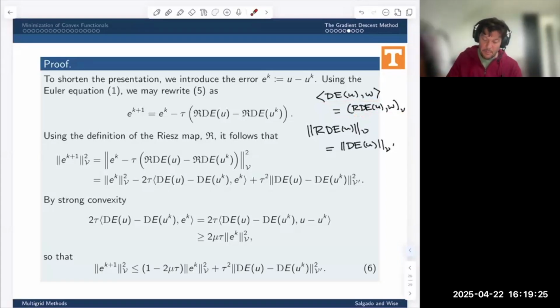So when we combine the Riesz map and the definitions together, we're going to take this identity above and essentially square it.